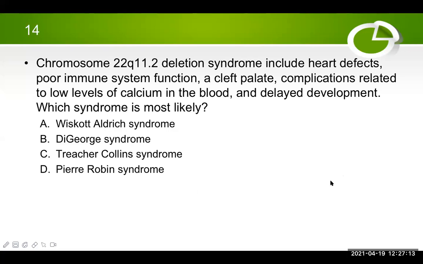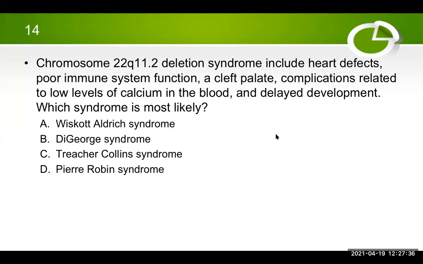What is DiGeorge syndrome? Sir, it is known as 22q11 deletion syndrome, sir. Very good. And the symptoms of this child are heart problems, facial features, developmental delays, and cleft palate sometimes, sir.